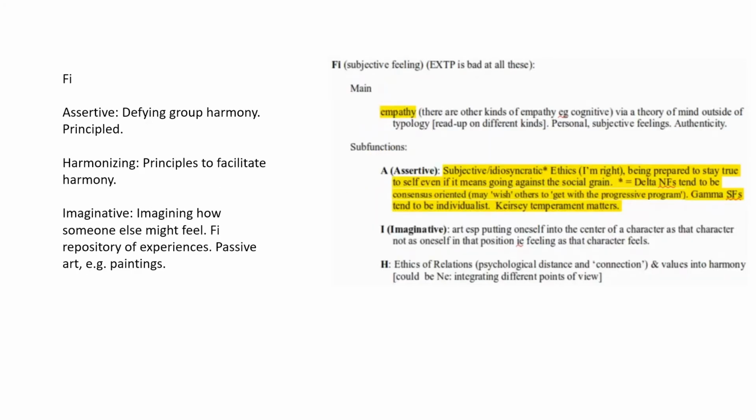But yeah, there's a bit of overlap with FI where assertive FI will, okay, if the group's on board, that's fine, no assertion needed. But if the group is doing something that differs to the internal ethics of someone and they're strong in FI, they use this assertive FI, then they're going to be defying that group harmony for this internal idea, this internal principles.